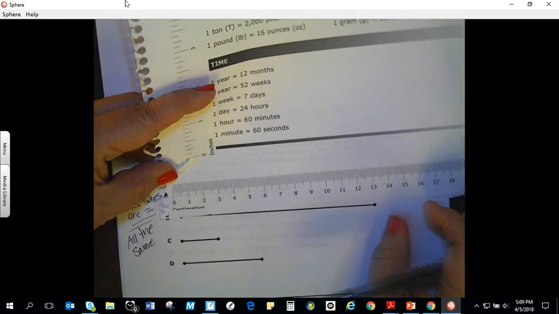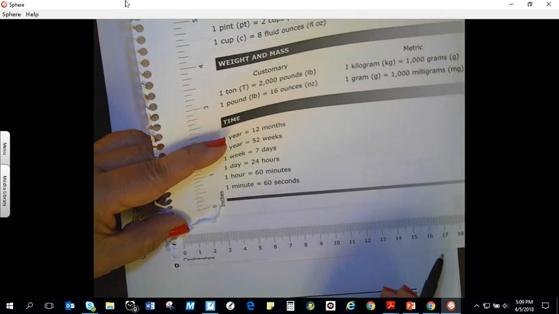This one is going to be about 13 centimeters. This one is going to be about 3 centimeters. And this is about 5 centimeters.